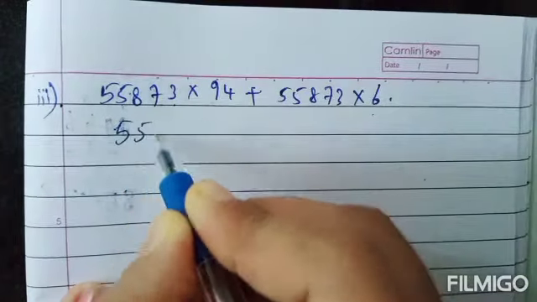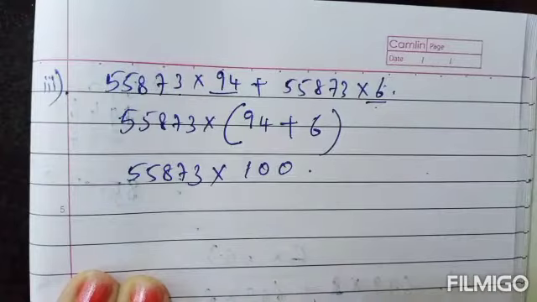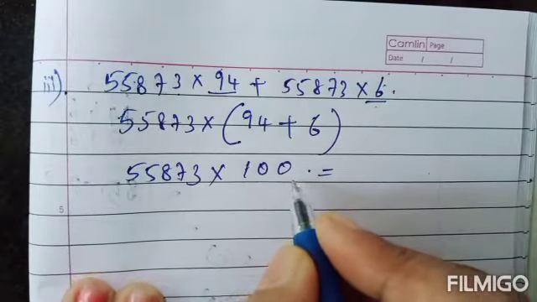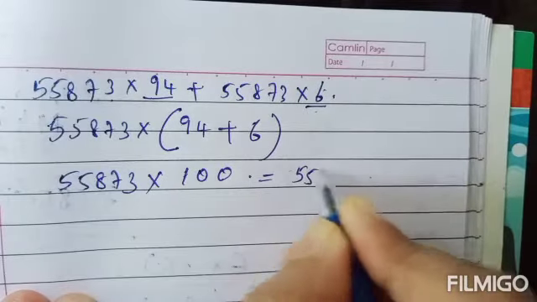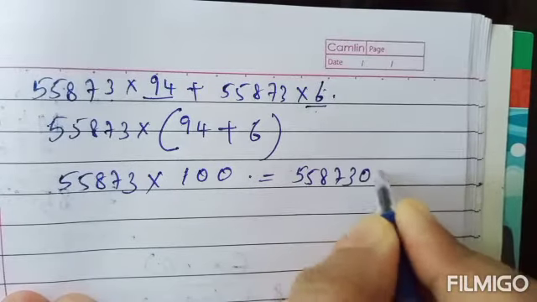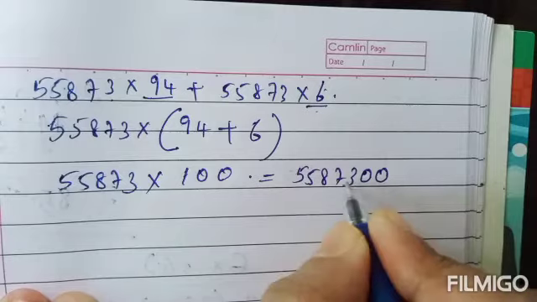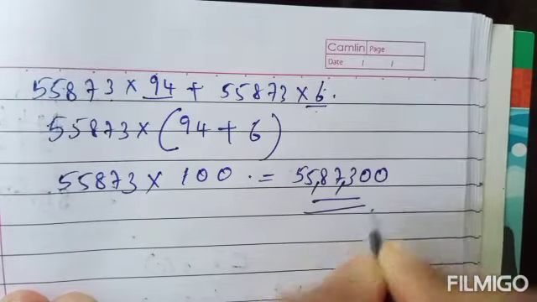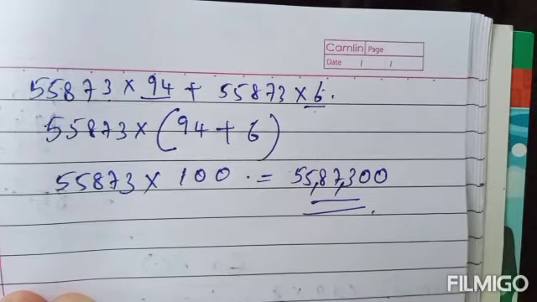Now 55,873 into 94 plus 6, that is 55,873 into 100. What is 55,873 into 100? It is 55,873 with 2 zeros, that is 5,587,300. This is the answer.